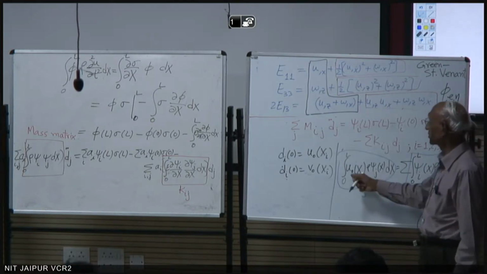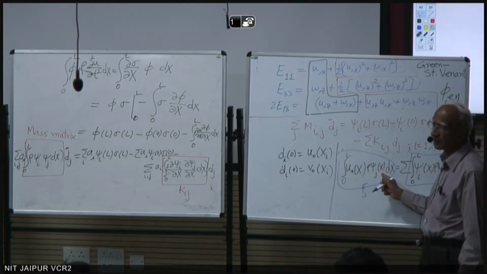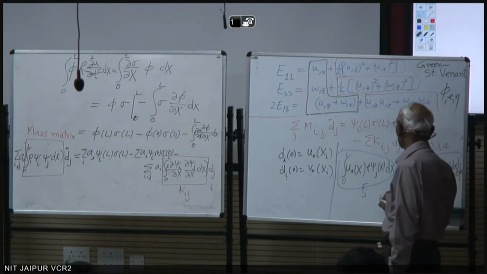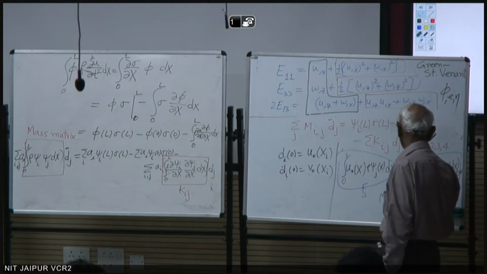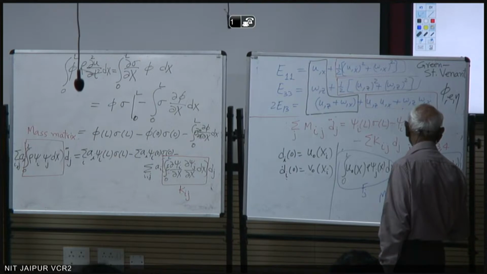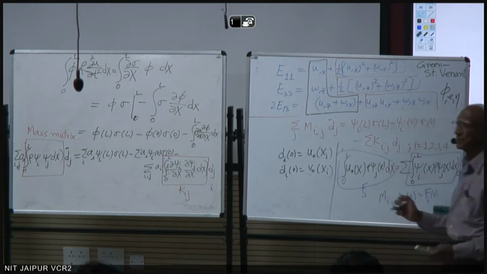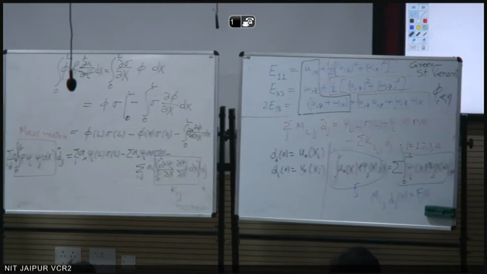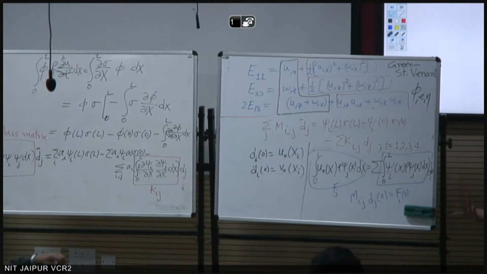We are just denoting it by Fj. You know these functions, you can evaluate this integral. So what we have done is Mij dj0 is Fi0. I interchange i and j. That should not cause any problem because M is symmetric.